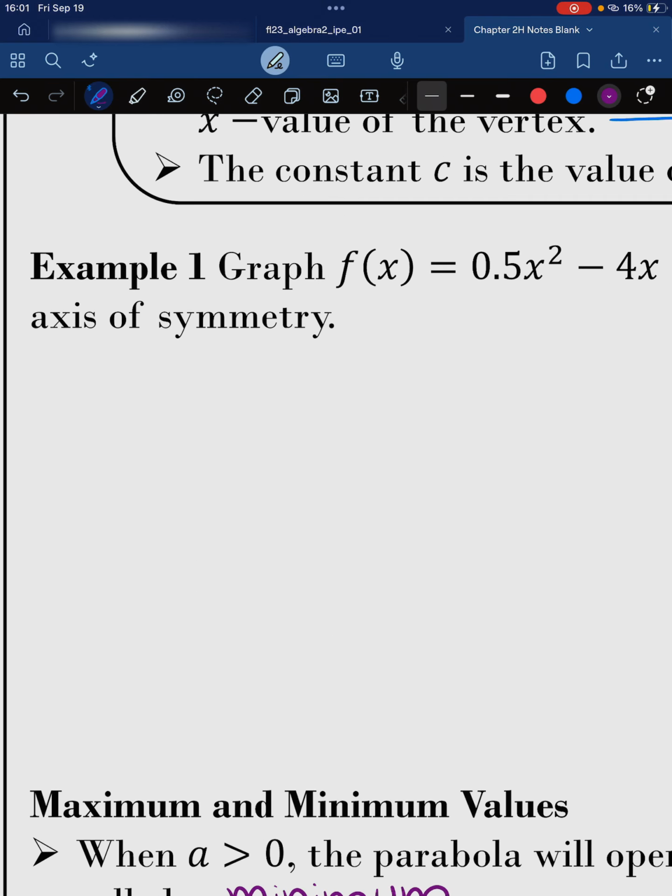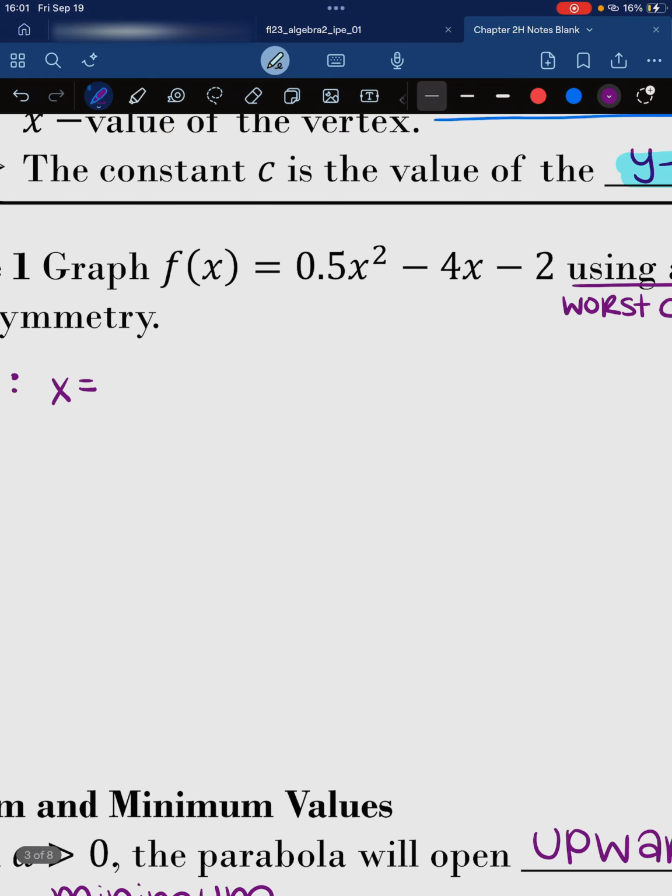So to find the vertex, I'm going to start with the axis of symmetry. So I'm going to abbreviate that AOS. So my axis of symmetry is going to be negative b over 2a. So let me go through and highlight. Here's my a value. Here's my b value, is going to include that minus, because it's really a negative that belongs to the 4. And c is going to be negative 2.